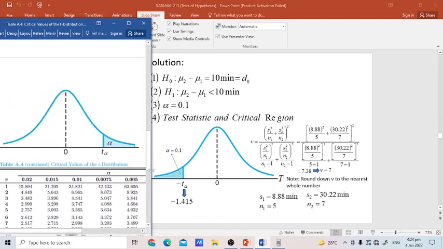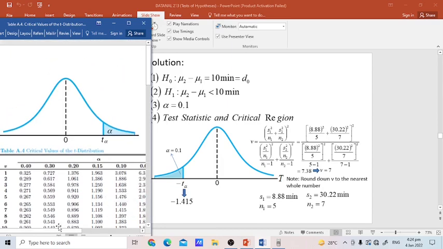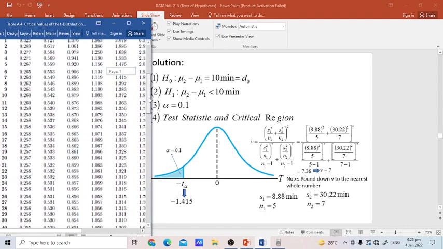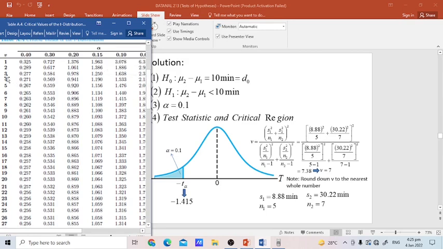It's not here. Here we have it. v is 7, alpha is 0.10. 1.415.